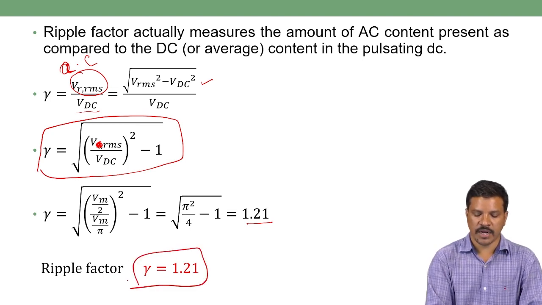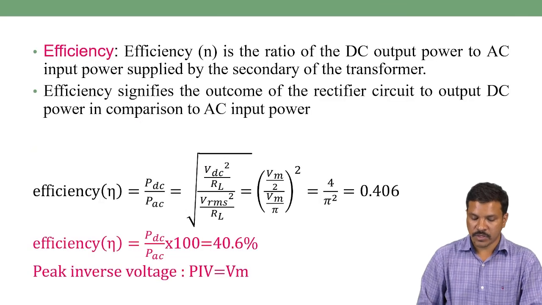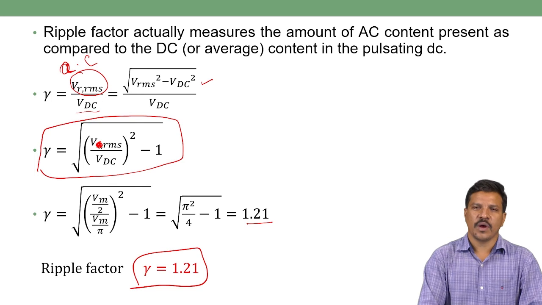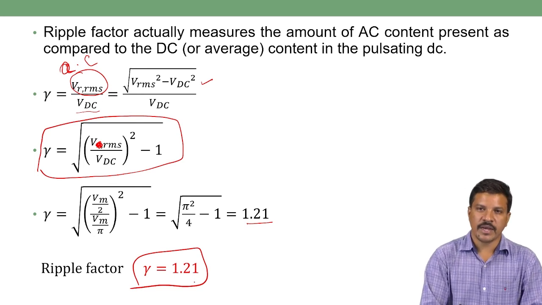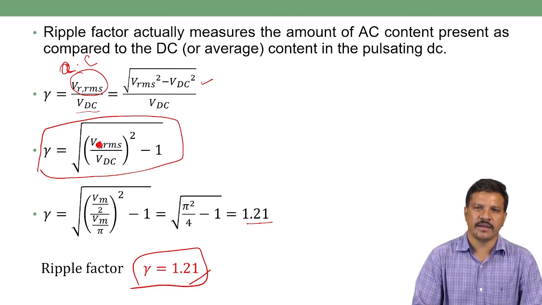So the ripple factor will be 1.21. Now we can conclude that gamma is equal to 1.21, which represents that a large AC component, more than expected, is available in the rectified output.